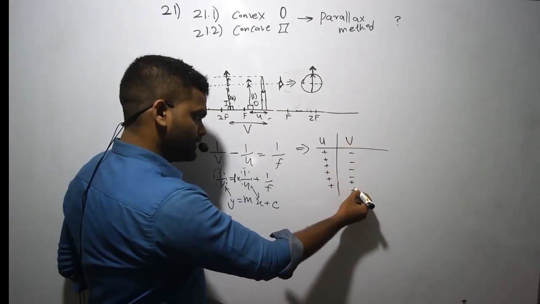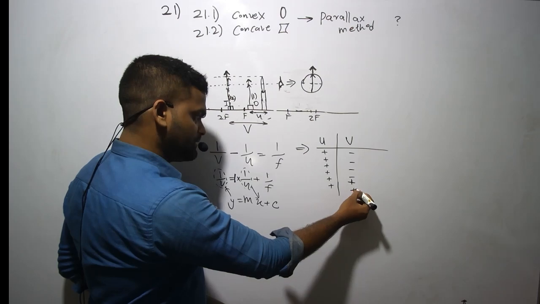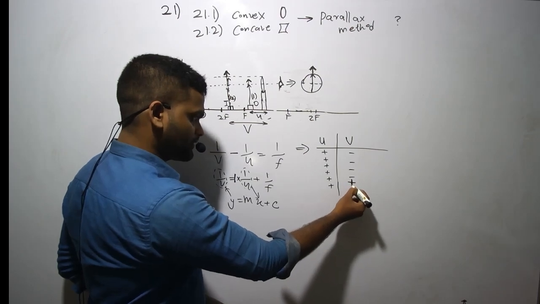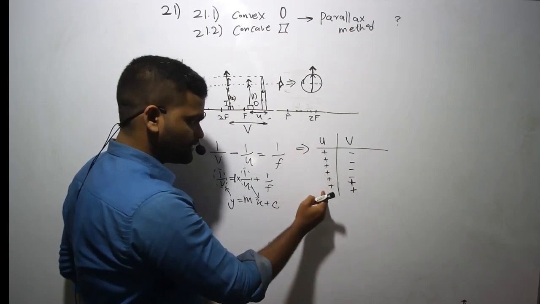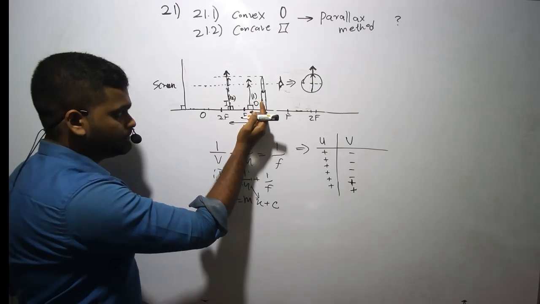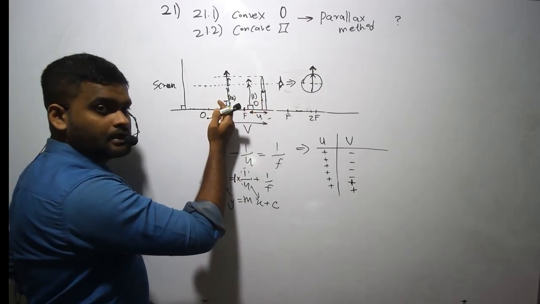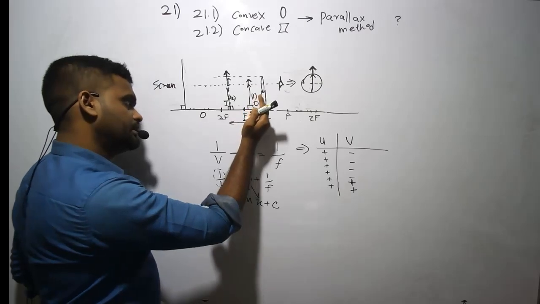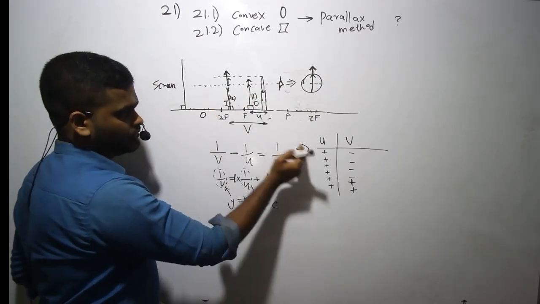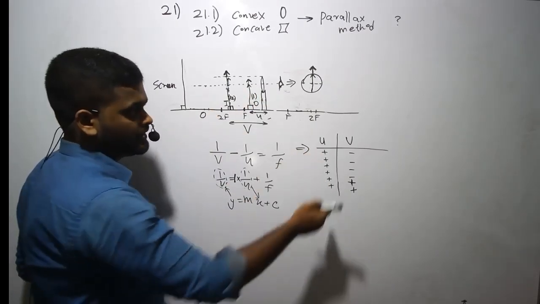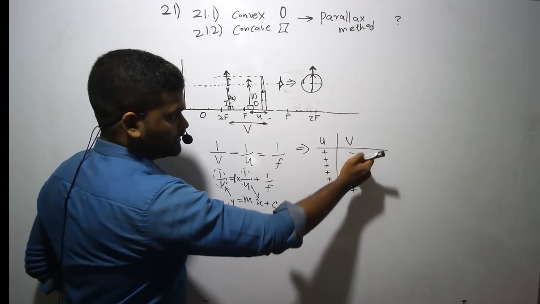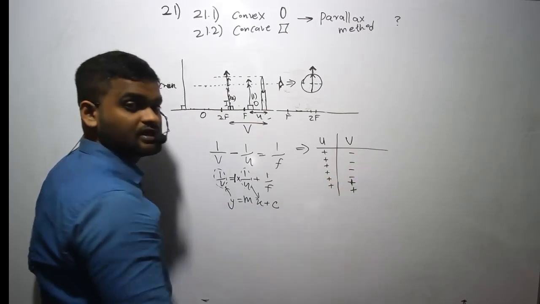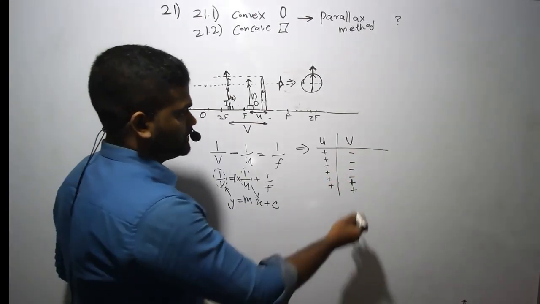Then 2 virtual images. U values are always positive, because we only place the object here. Here we are not discussing virtual objects. We are only thinking about real objects. So all the U values are positive. Then we got 4 real images and 2 virtual images.